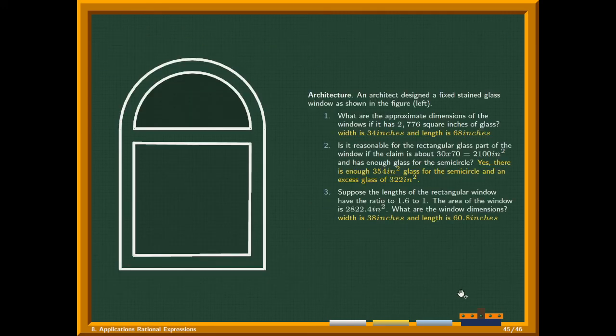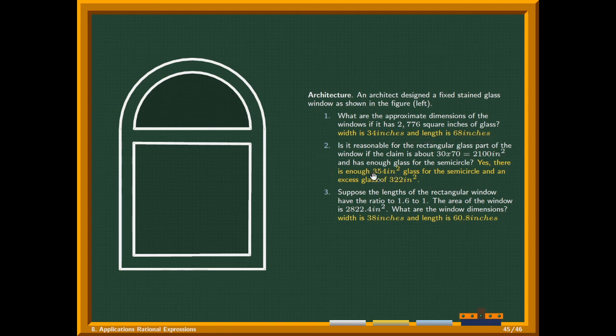So as a whole, going back to the whole situation, we have the whole answers. For situation number one, what are the approximate dimensions of the window if it has 2,776 square inches of glass? The answer is the width is 34 inches and the length is 68 inches.